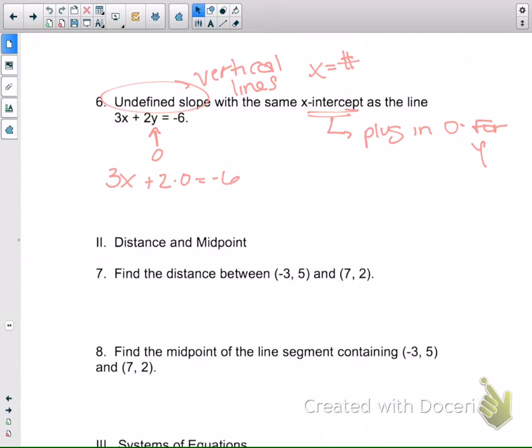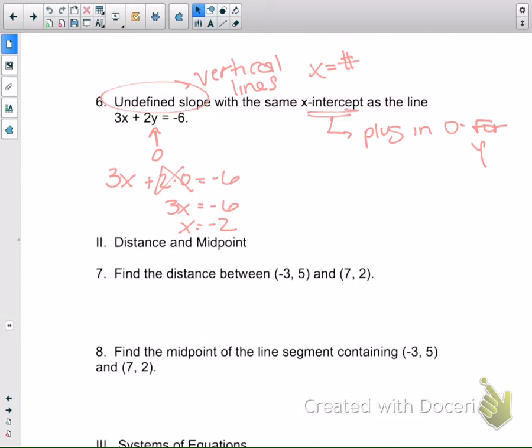Well, a lot of us know and don't even have to show that step, because if I do 2 times 0, it's just going to simply do what? Get rid of that whole thing there and just leave me the 3x equals negative 6. Solving that for x is going to give me what?